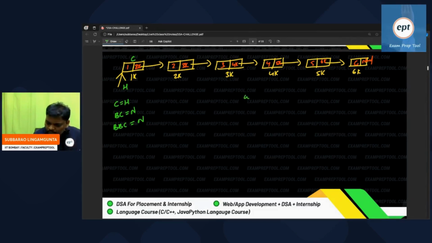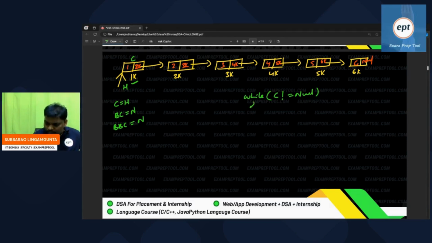While current not equal to null, I'm asking the current node, wherever you are, is a node there or not? If I say print current, it will print 1000. I gave the shortcut C. If you want, you can write current node. C not equal to null means a node is there.